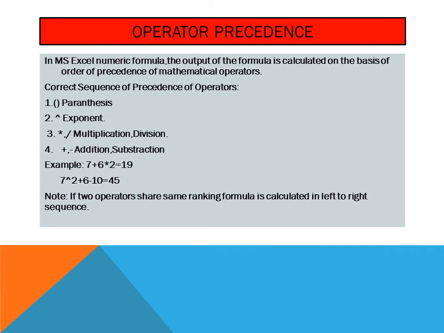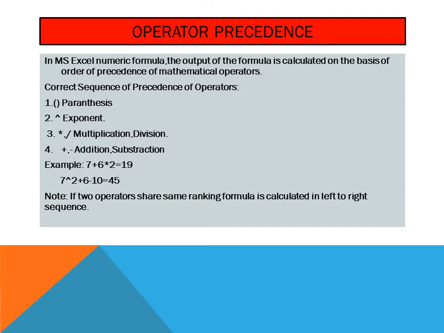For example, we have 7 plus 6 into 2, right? So what is the order? Here we have two operators, that is plus and multiplication, right? So the precedence of multiplication is more.